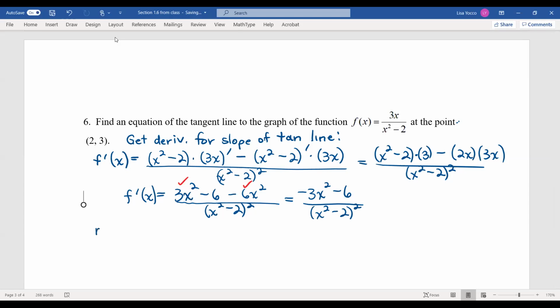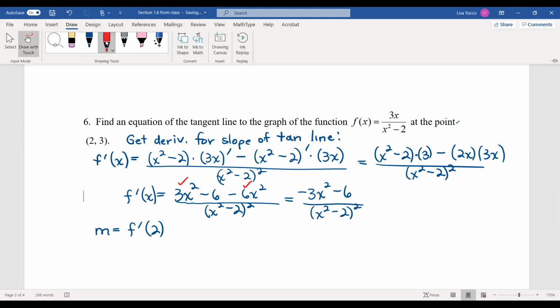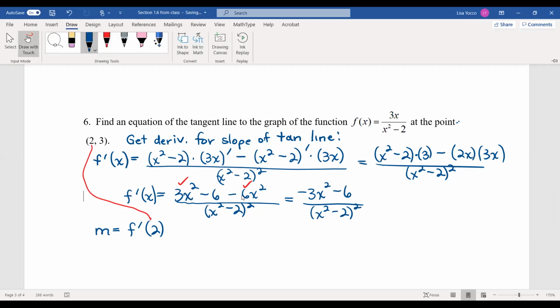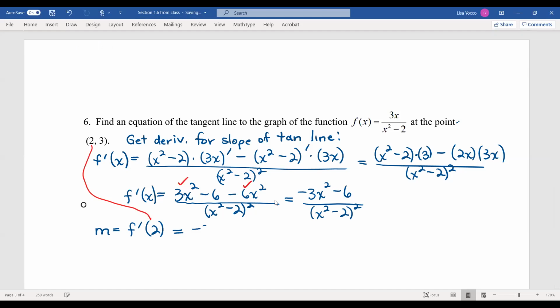My slope will be the derivative evaluated at the x coordinate of the point. This 2 is the x coordinate of the point. All right. So I'm substituting 2 in the derivative.